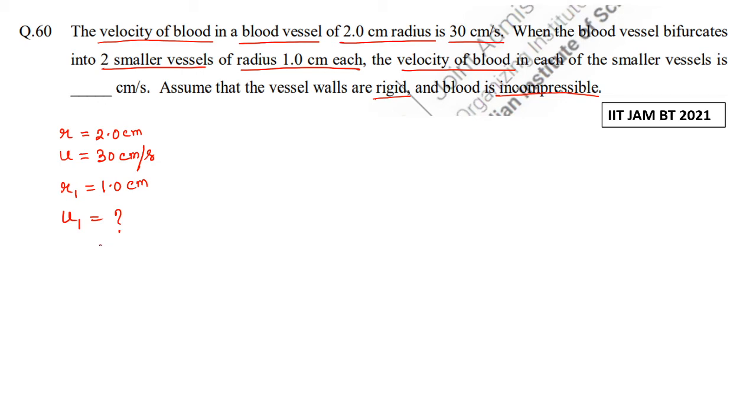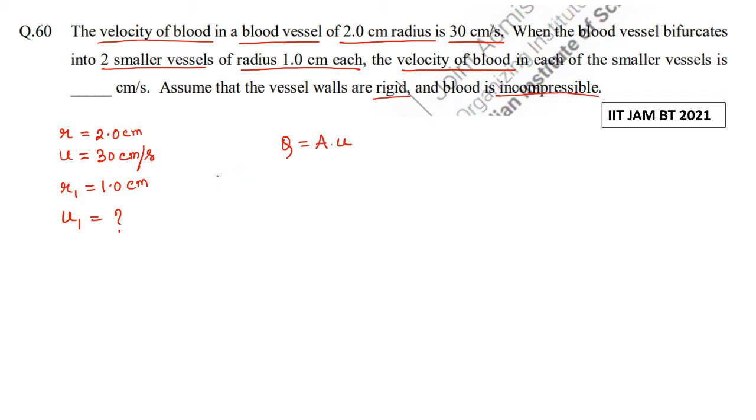Now what is the formula to solve this kind of problems? What is the formula of blood flow, that is the rate of flow? Suppose Q is the rate of flow, then Q is equal to A, that is the area of the blood vessel, times V. Now this should be u in case of our problem, that is u is velocity.